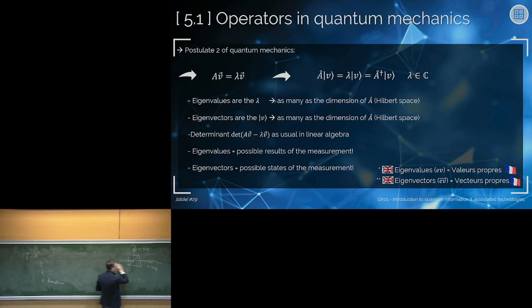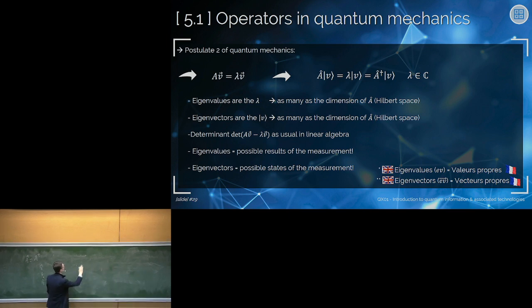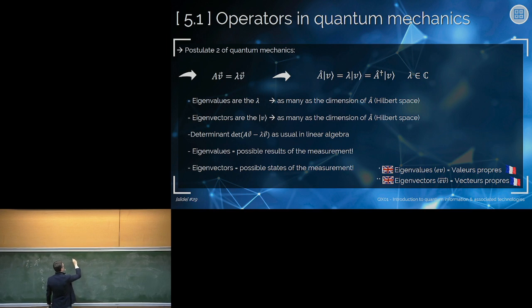So it means that what I have here is linear algebra, because now, for the ket psi, we said the qubit can be written alpha 0 plus beta 1.